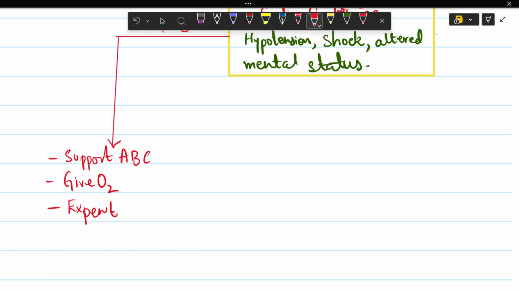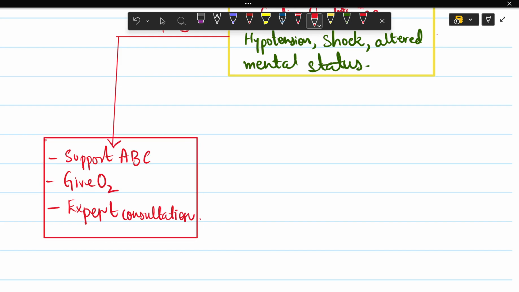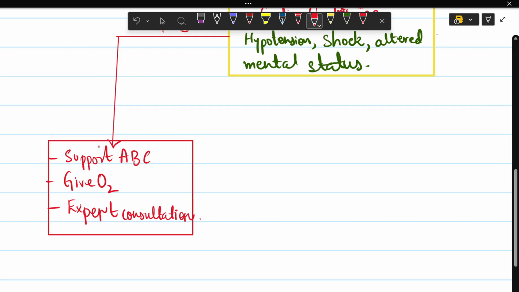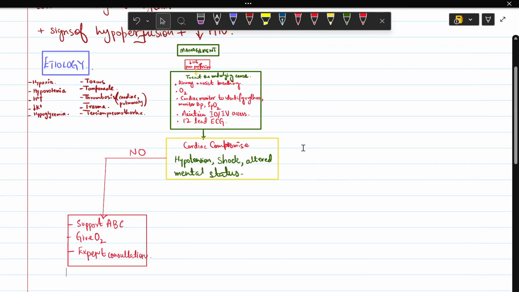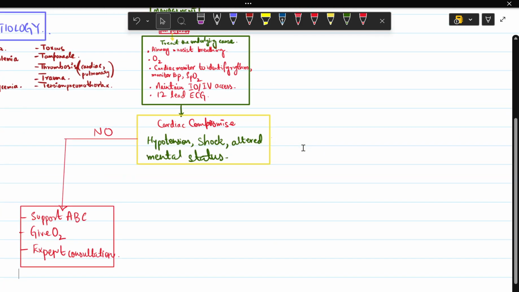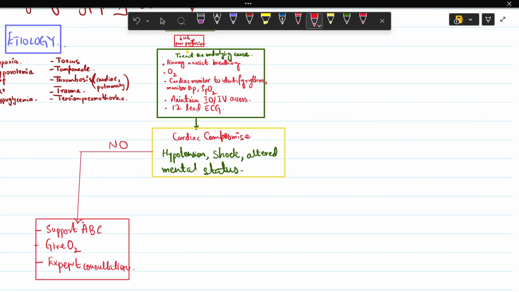And the reason for that is very simple. Because bradycardia may re-establish if the child is left unattended, or if you don't take care of it, the child may redevelop bradycardia.